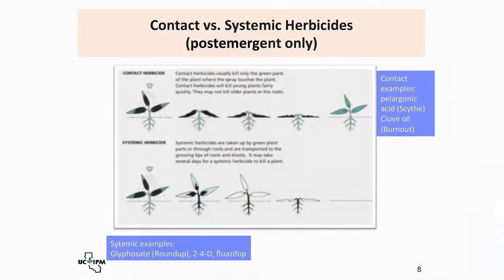They burn the plant back. If the plants are just little seedlings, that might actually kill them, but if they have a good root system, the plant will be back. Then the systemic herbicides you apply to the leaf, and it actually gets into the root and kills the plant, although some of the very large plants it doesn't kill. Most of the synthetic herbicides are systemic.